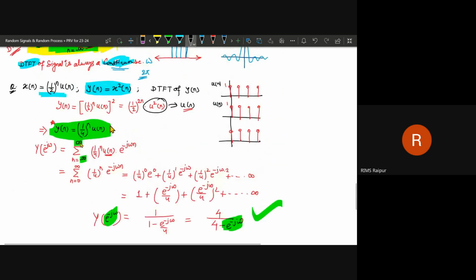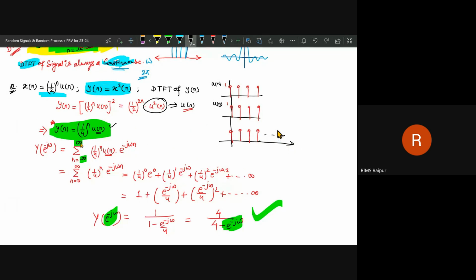Also, let me tell you the difference between DFT and DTFT. Basically, DTFT is for infinite time sequences like this. Here we have y of n equal to 1 by 4 raised to power n u of n. Here u of n is not a finite time sequence. It goes up to plus infinity.